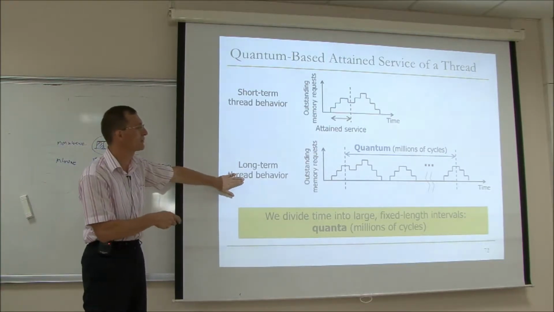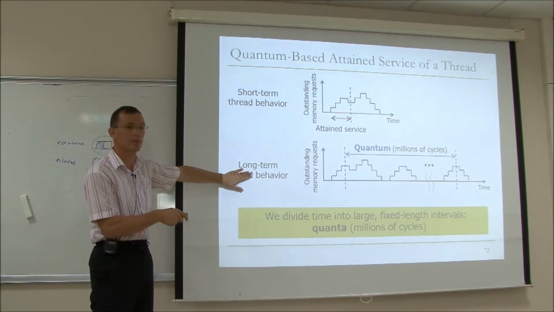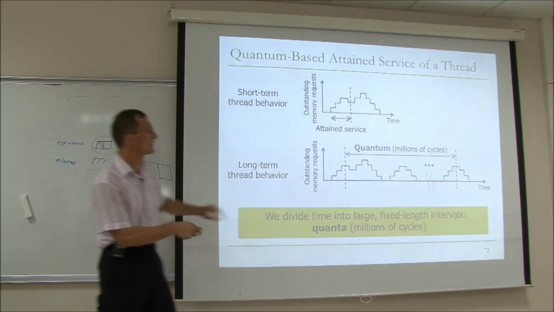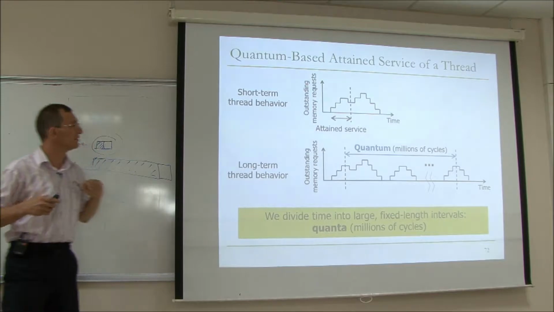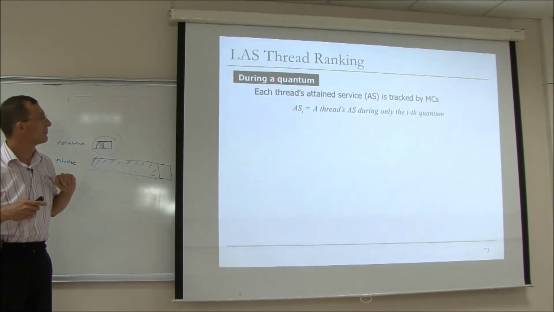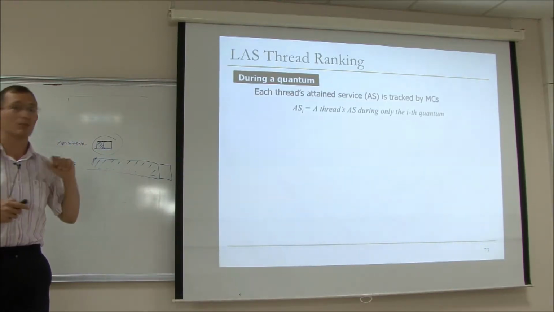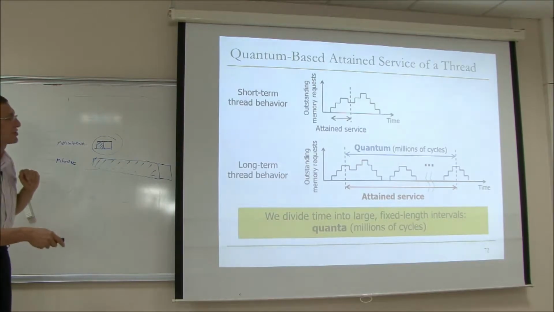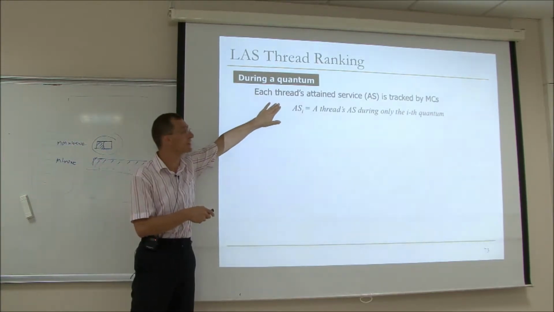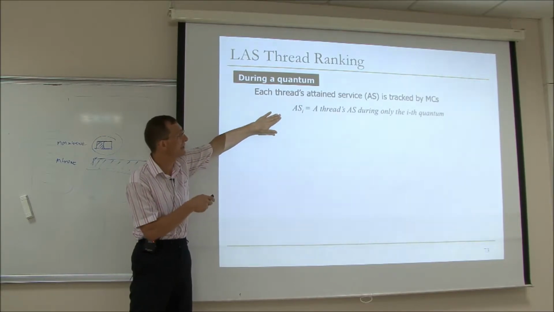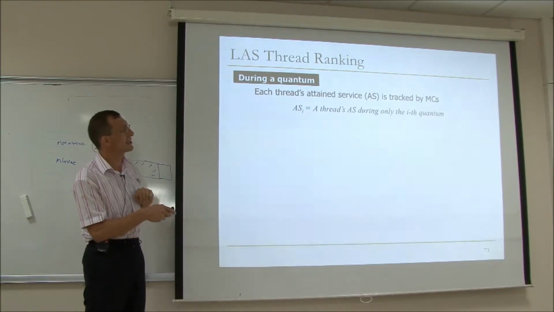So we'll have a quantum, and we'll keep track of the attained service over millions of cycles. And so how does this work? Once you have quantum-based attained service tracking, during a quantum, each thread's attained service is tracked by the memory controllers. This is ASi, a thread's attained service during only the ith quantum.